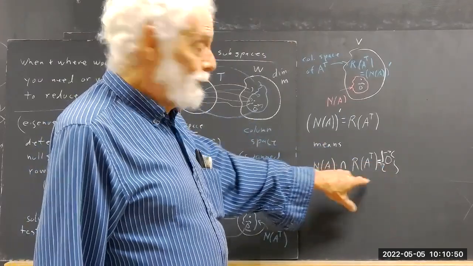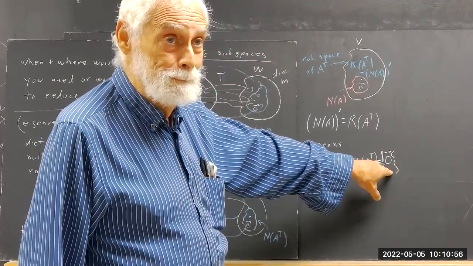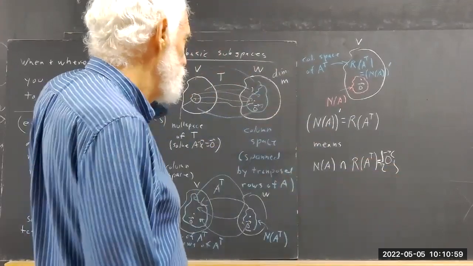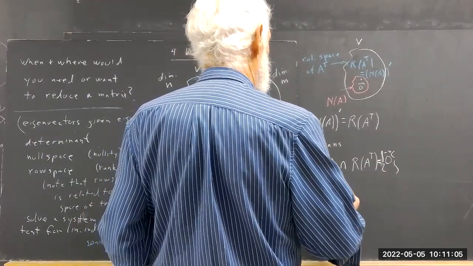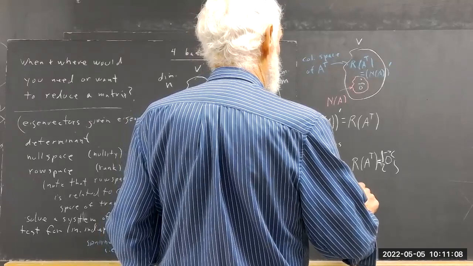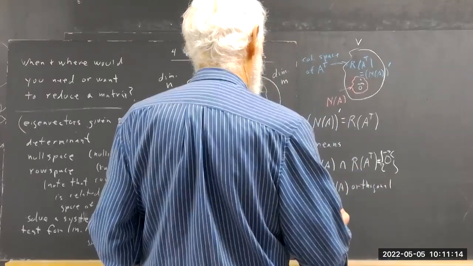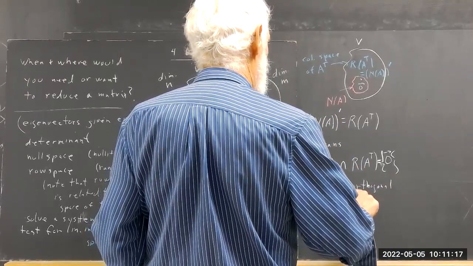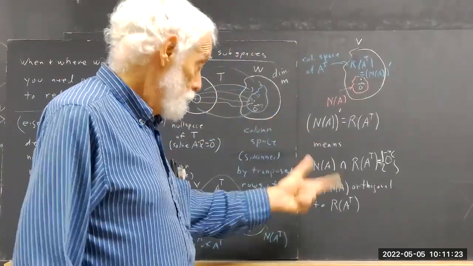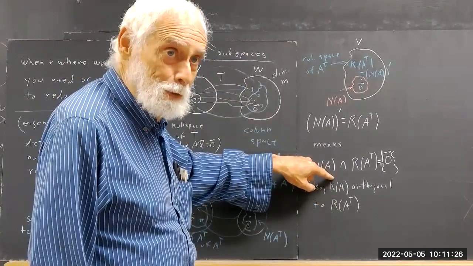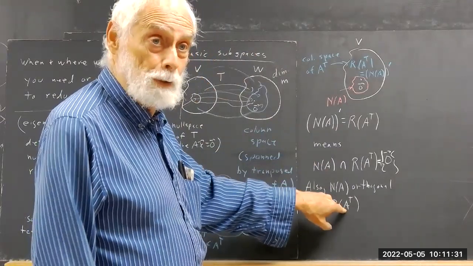These are sets, so the intersection is a set, and that set consists only of the zero vector. Okay. N of A is orthogonal to this, meaning, I don't have time to write it out. Every vector in the null space is orthogonal to every vector in R of A transpose. Okay.